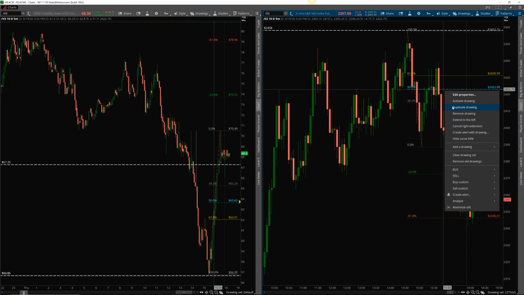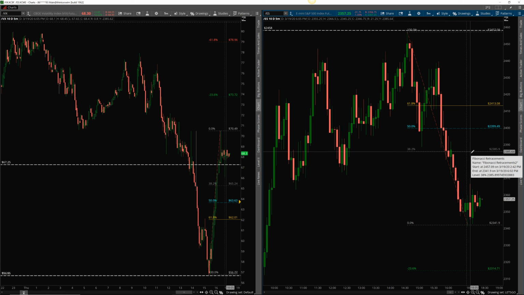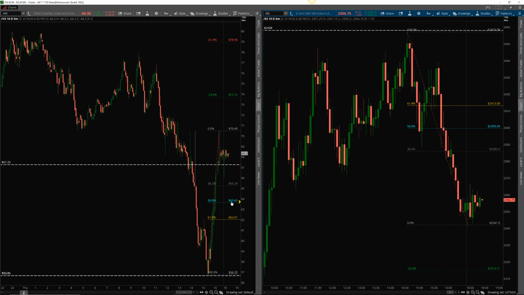You're not going to know where the S&P is. I don't know if the S&P is going to be at the 38.2 when the VIX trades 63, call it 63, 65. When the VIX trades 63, 65, wherever the S&P is, you sell it. If it's at the 38.2, you sell the 38.2.